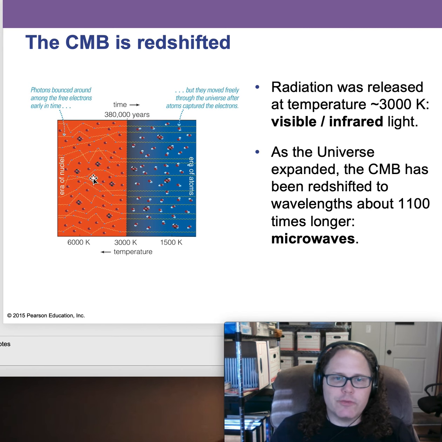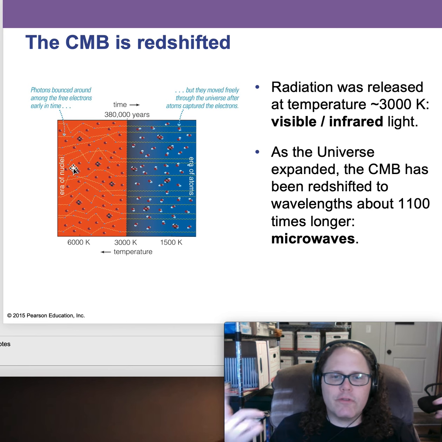So when the universe was hot and dense, those electrons could not bind to the atoms. So the electrons were absorbing light and emitting it and absorbing it and emitting it. In other words, just like inside the sun, the universe was not transparent.